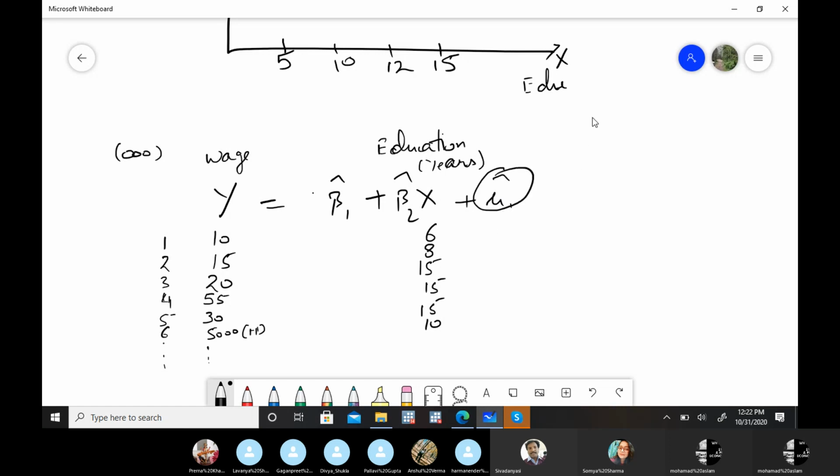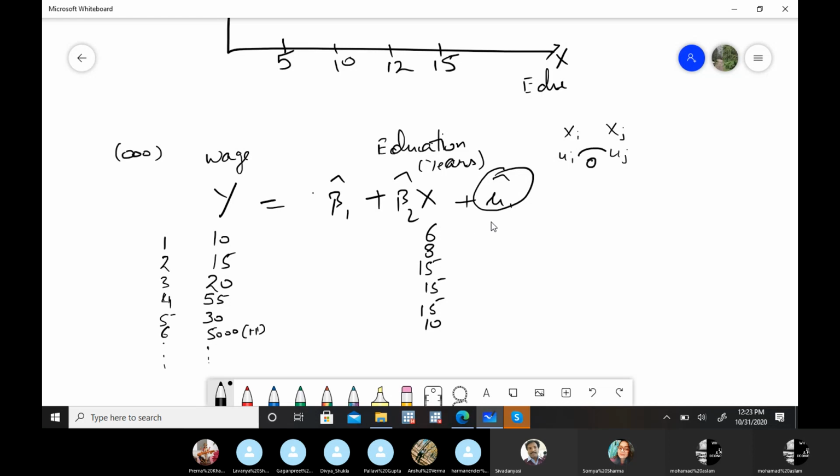So this assumption is that for any two x values and the corresponding residual terms, their correlation is zero. This is the assumption, no autocorrelation, and I'm saying it in the cross-sectional form, not the time series form.